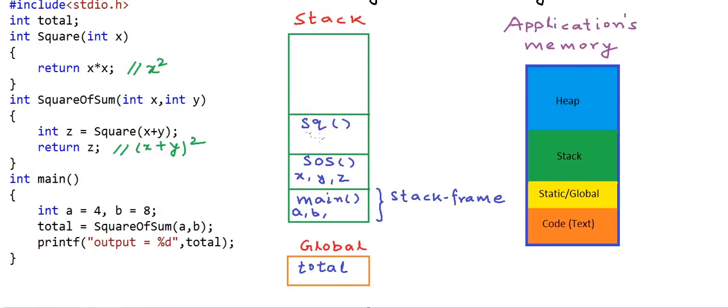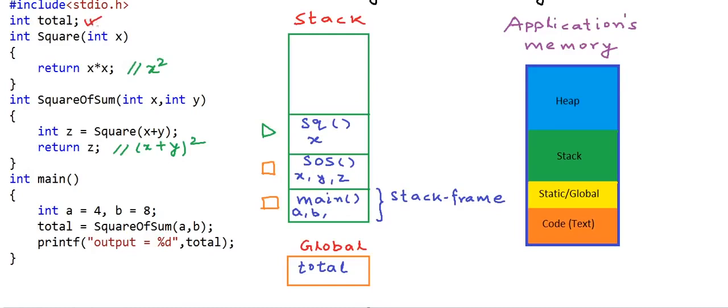So another stack frame for square, and it will have its own local variables. At any time during the execution of the program, the function at the top of the stack is executing and the rest are paused, waiting for the function above to return something, and then it will resume execution. I have drawn this play and pause button here in case you do not understand.